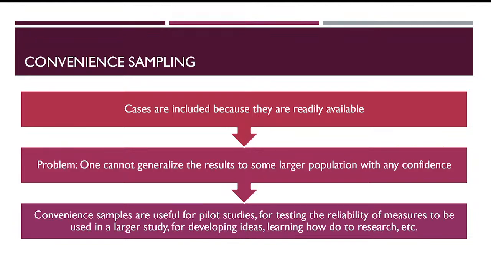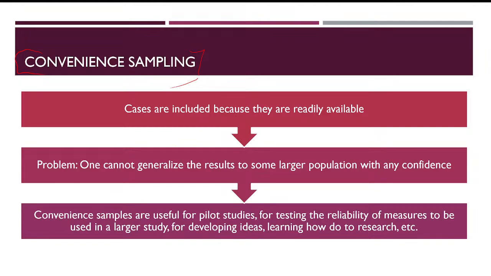And often I think they're really useful for beginners and people just starting out in social research, especially if you have limited means. So the first one is non-probability sampling, convenience sampling.